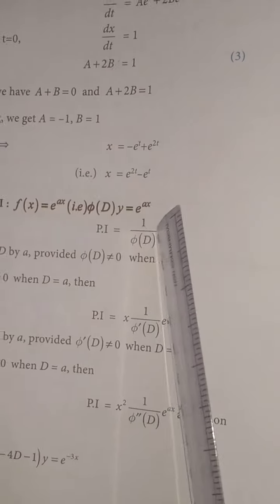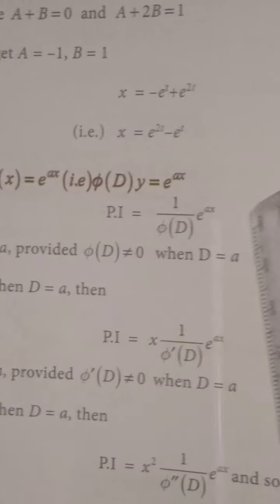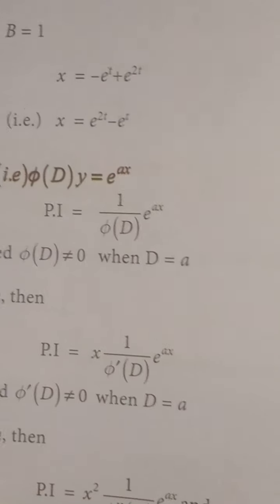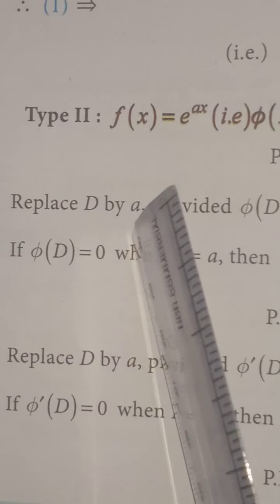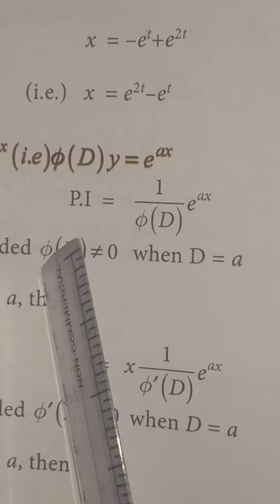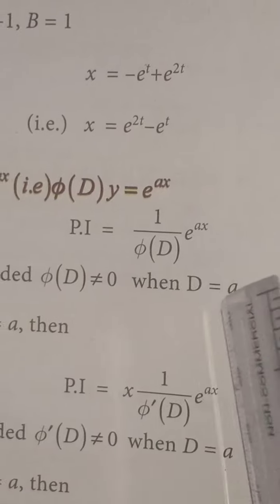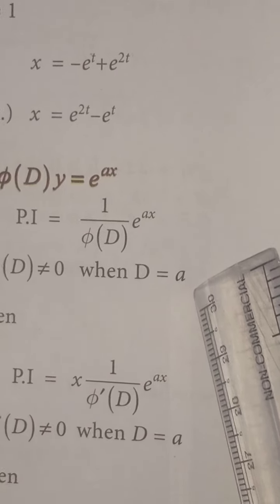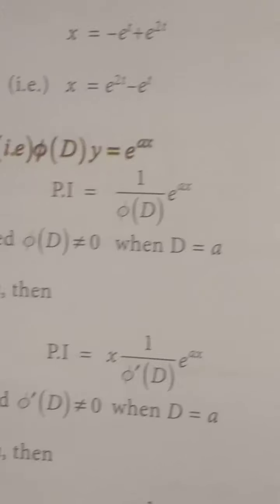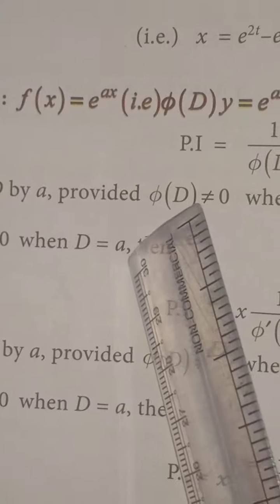Then, an important note here. The particular integral, already told you, is 1 by psi of D into e power ax. Replace D by a, where a is the coefficient of x, provided that psi of D is not equal to 0 when D is equal to a.